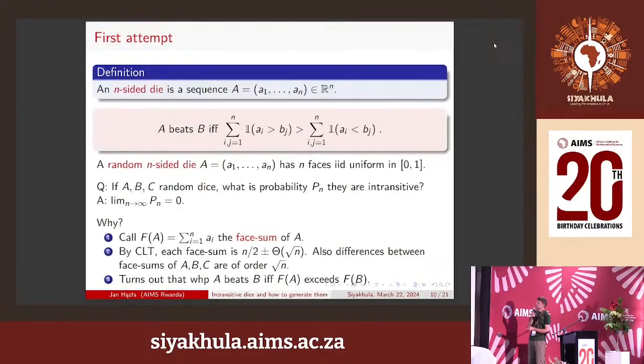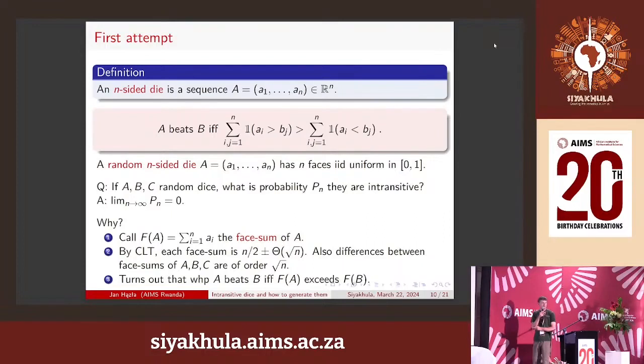The reason is, you can remember this definition: how do I decide that one die beats another? Well, I have this sum bigger than this sum. If A and B are random, these are going to be random variables, so it sounds like something that should be fine for the central limit theorem. But you see, it's a sum with n squared elements, but the randomness is coming only from n degrees of freedom here, and n degrees of freedom here.